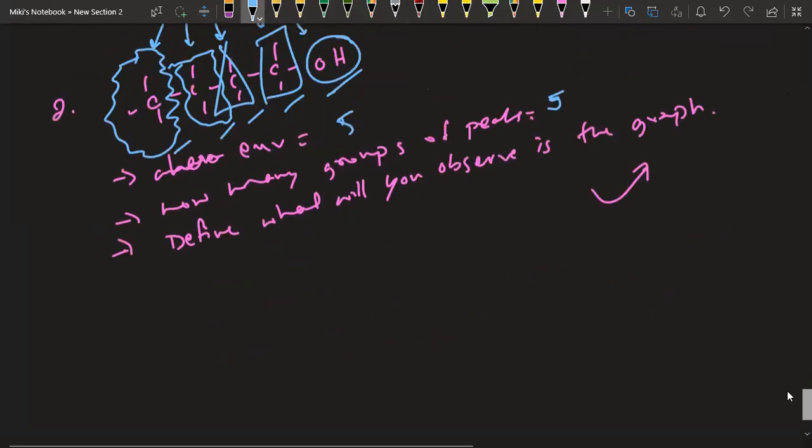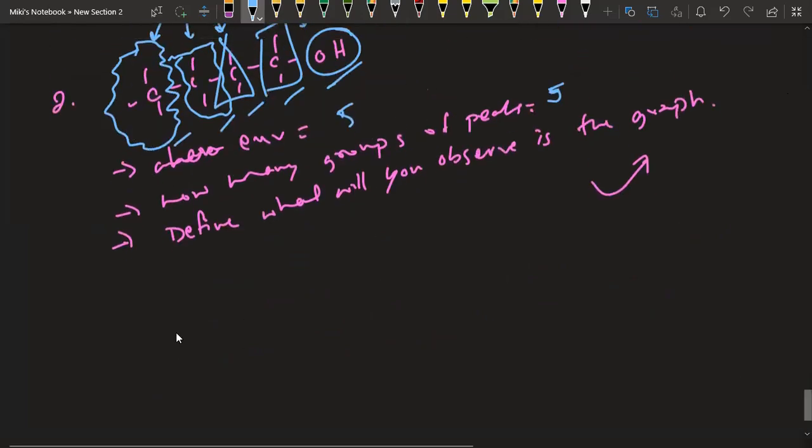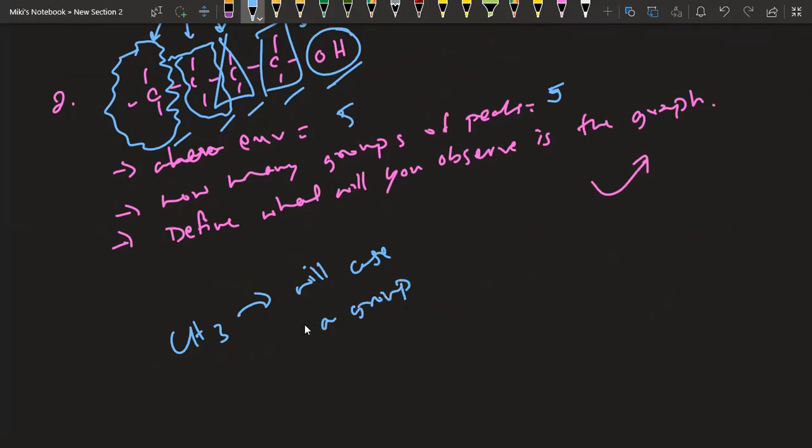From the data booklet, we will be able to observe that the presence of the CH3 group will cause a group of what? We have here, let's say, just a minute, let me see.